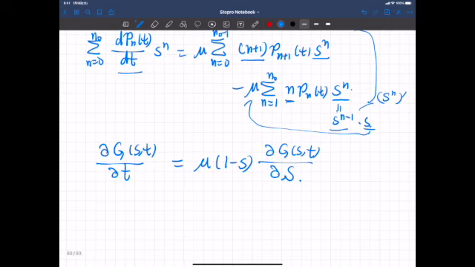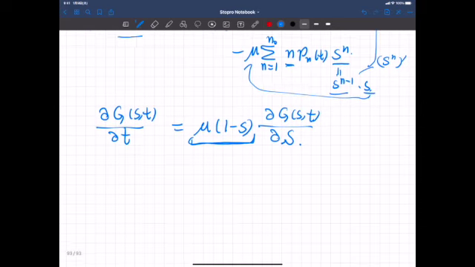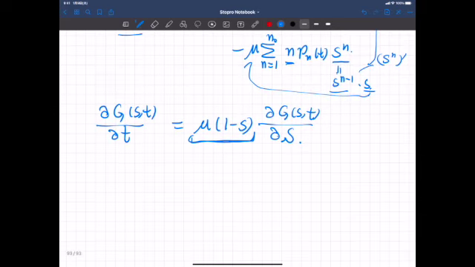Then we want to solve this. Just like the birth process, we want to solve this by first getting rid of this part. Then it's easier to solve. That's what we do. Also, the initial condition G(s, 0) should be equal to s to the power of n0.